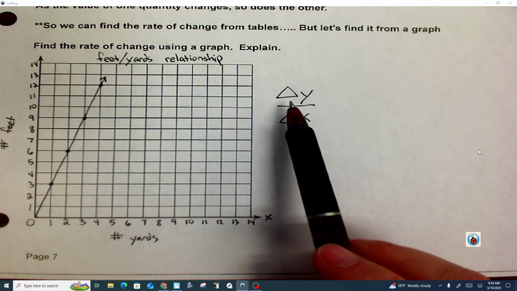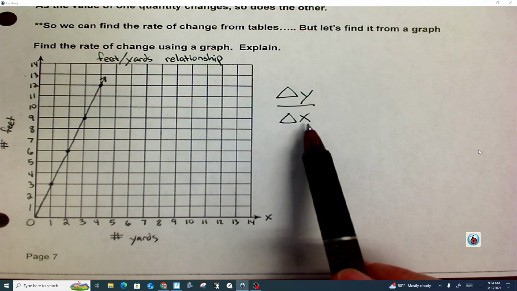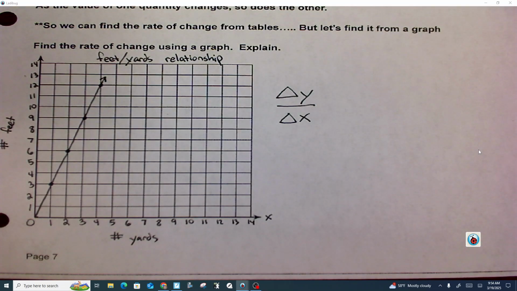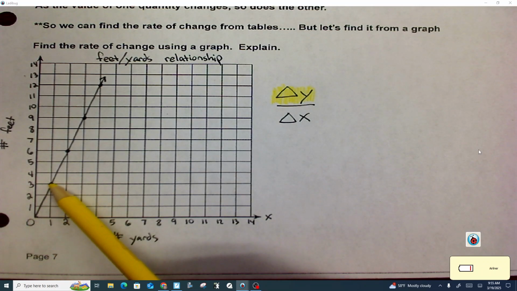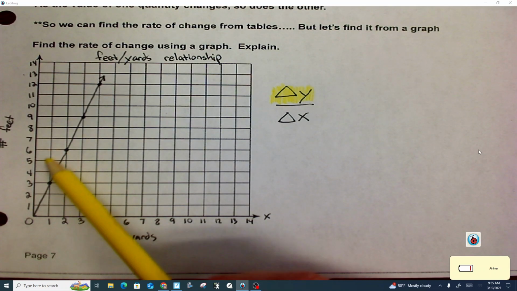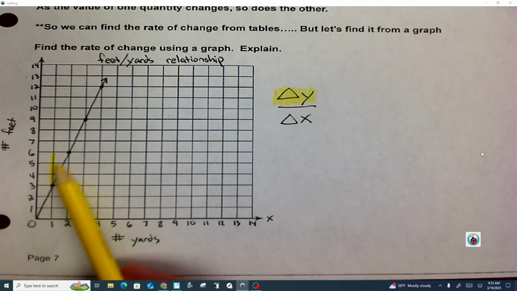But how can we find our rate of change? Early on, I would recommend that you write triangle y over triangle x, change of y over change of x, so that way you can just have a template of where you should put in these numbers. Now I'm going to color code this just so that way it's a little easier to see. Pick 2 dots on here. Let's just choose this point and this point. I would have to go up how many units? You can see here it's 3 blocks, right?